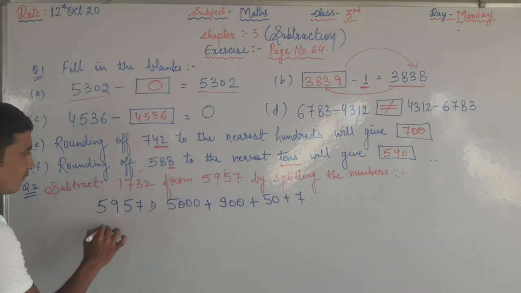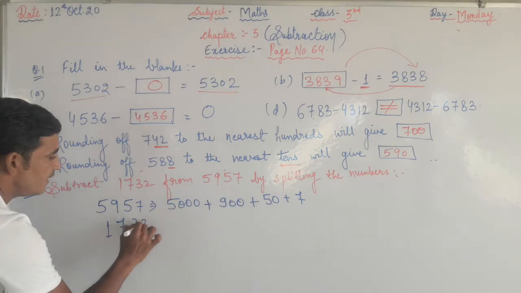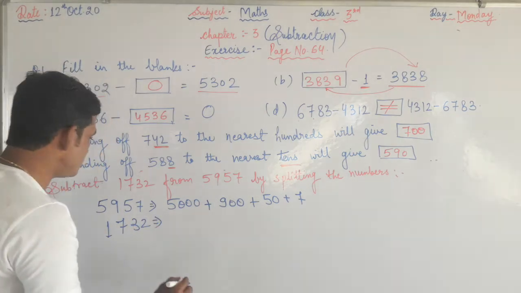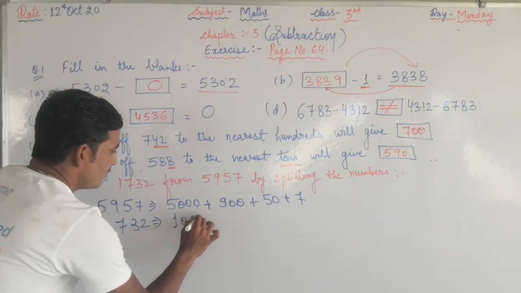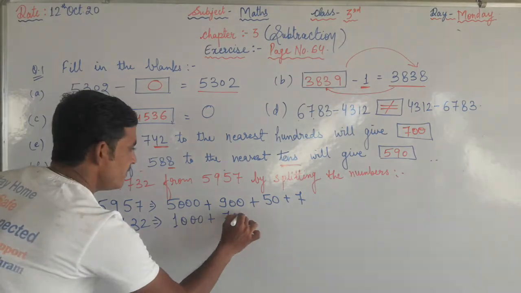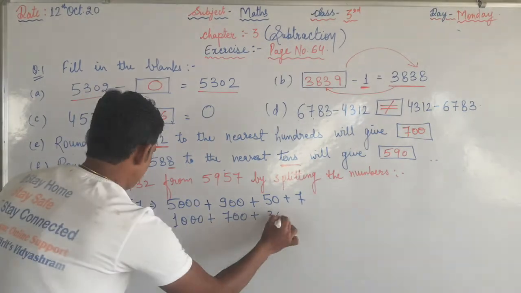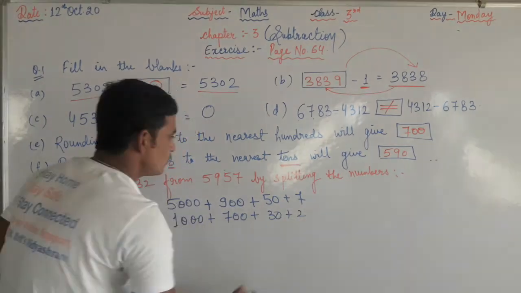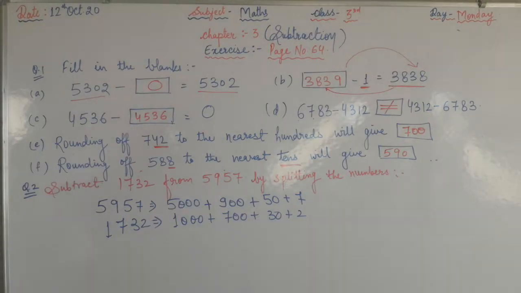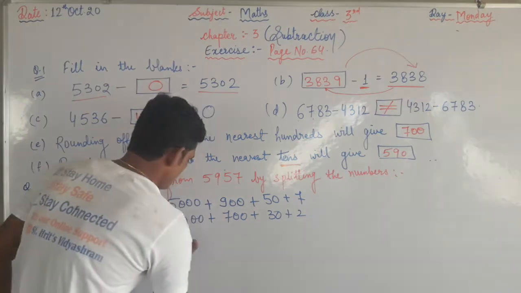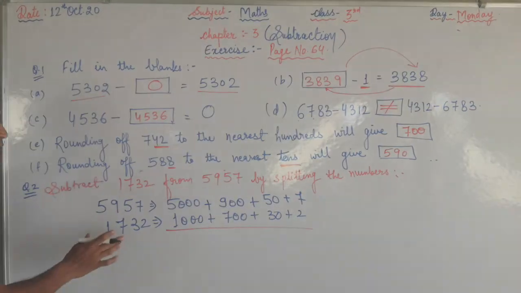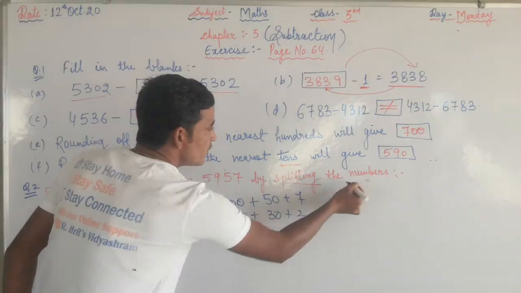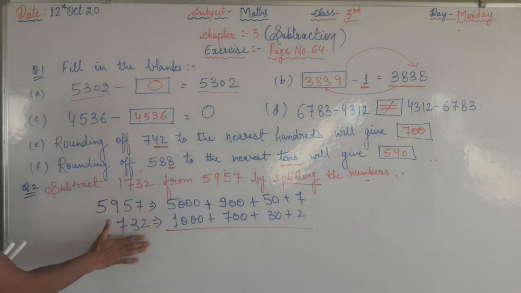Then 1732 is 1000 plus 700 plus 30 plus 2. Now you have to subtract these numbers. In splitting the numbers, you have to just expand both the numbers.